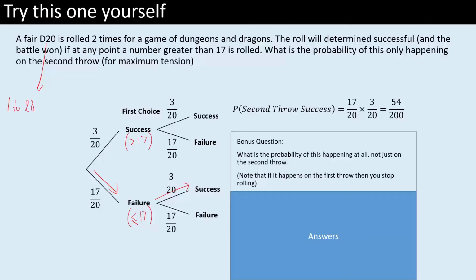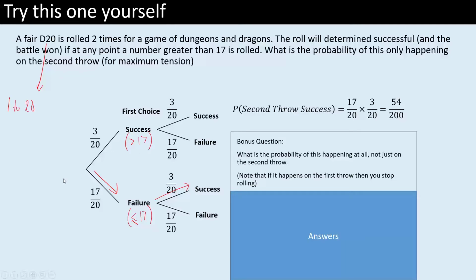Okay, and for this we want to think carefully about what we want. So we also have this extra little thing here. If this happens on the first throw, you can stop rolling. Well, I mean, you don't need to keep rolling. If you get something that's greater than 17, it's an automatic success. You can carry on.